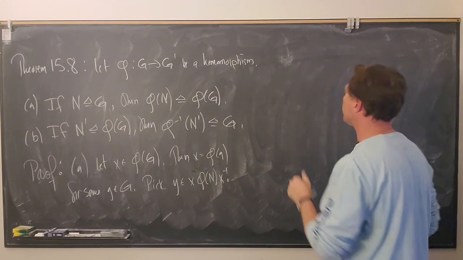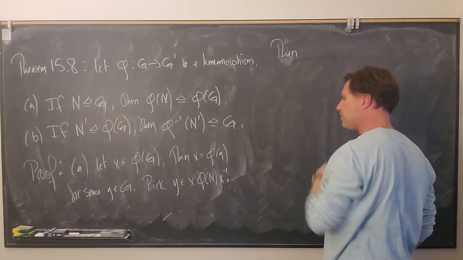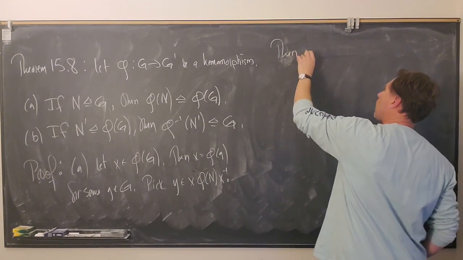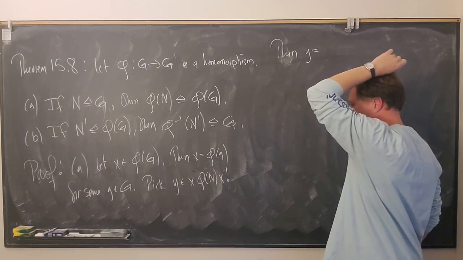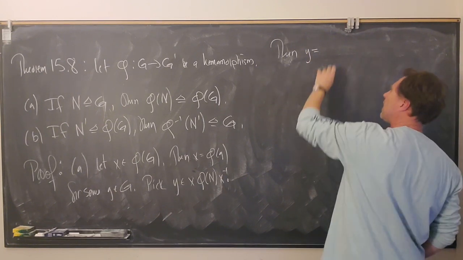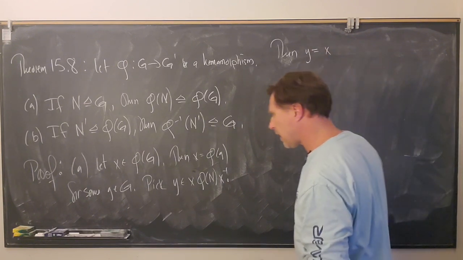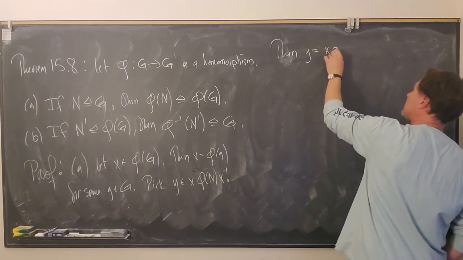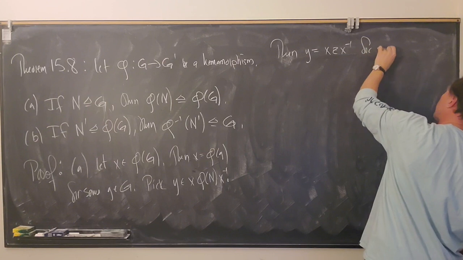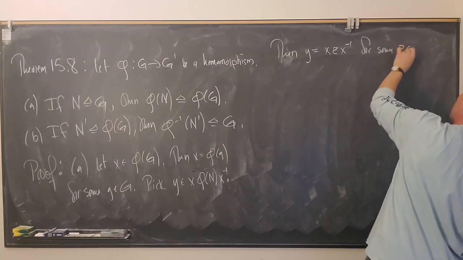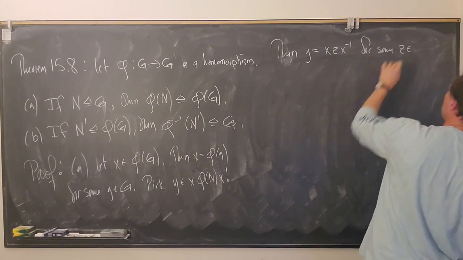Then y is equal to X z X inverse for some z in phi of N.